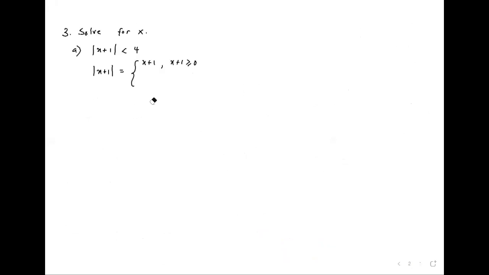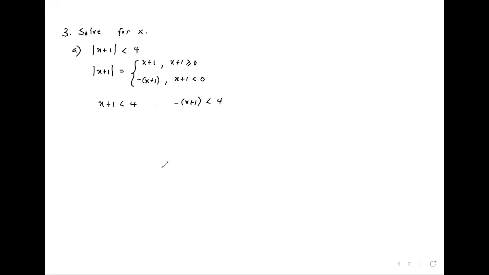And we said the same is negative x plus 1 if x plus 1 is less than 0. This means that the same inequality has x plus 1 less than 4, and negative x plus 1 less than 4.